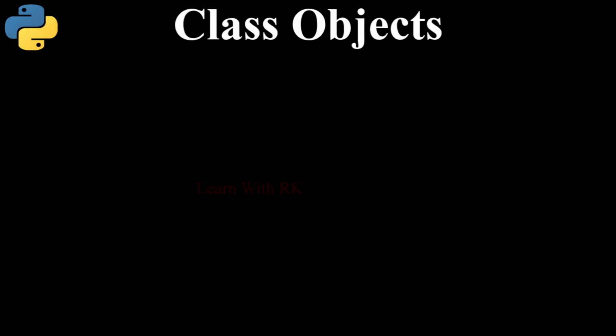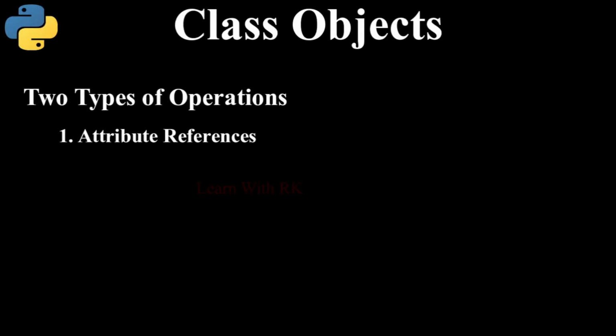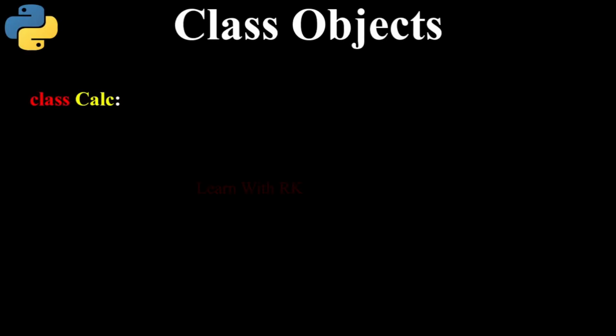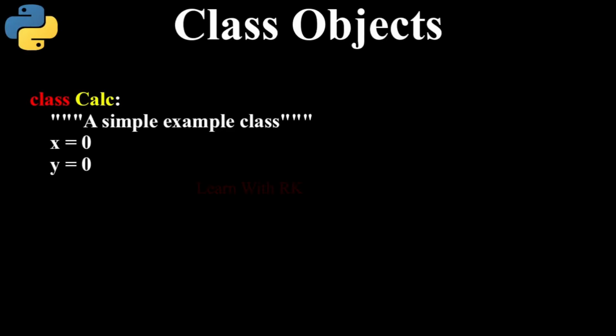Class objects support two kinds of operations: attribute references and instantiation. Let's see one example for understanding these two operations. Here I am defining a class called calc with x attribute and y attribute and one more add function attribute.